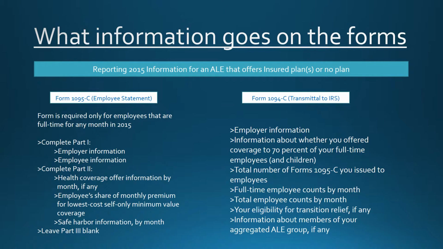This percentage is set to increase to 95% for 2016. Also, it includes the total number of Forms 1095C issued, employee counts, eligibility for transition relief, if any, and if part of an aggregated applicable large employer group, information about its members.